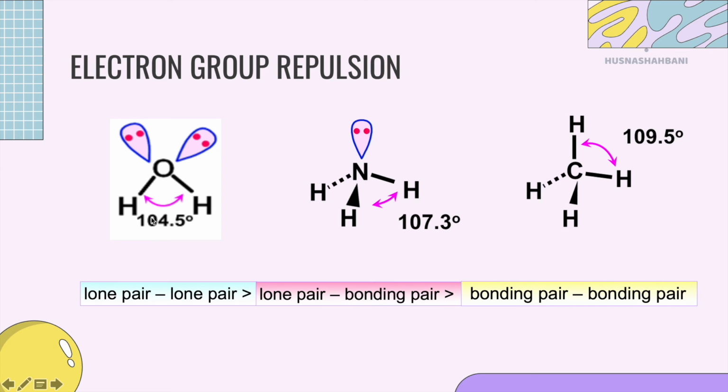If you compare, this angle is smaller than this angle because lone pair and lone pair repulsion is stronger than lone pair bonding pair repulsion.